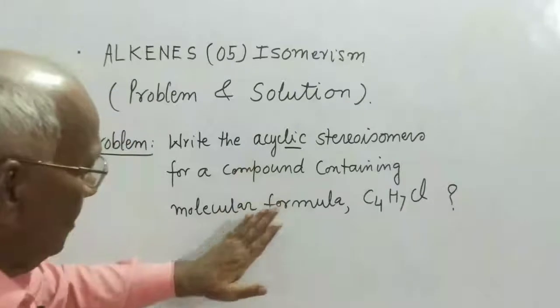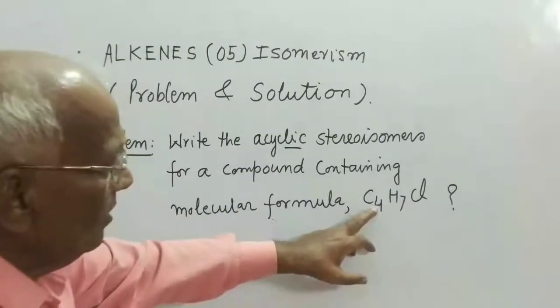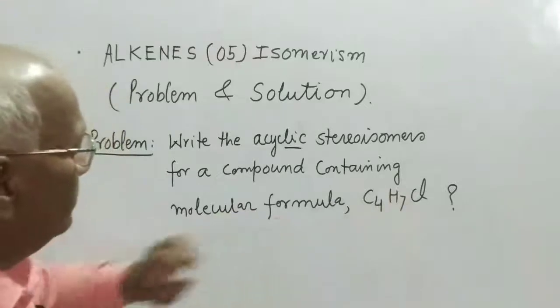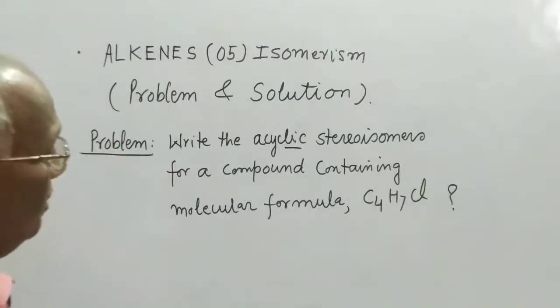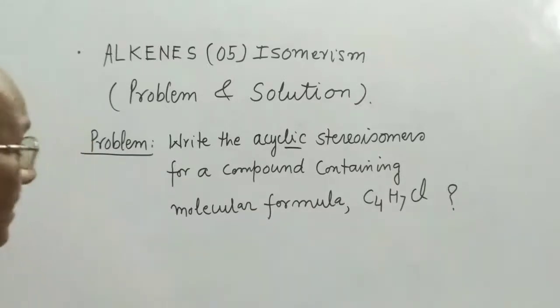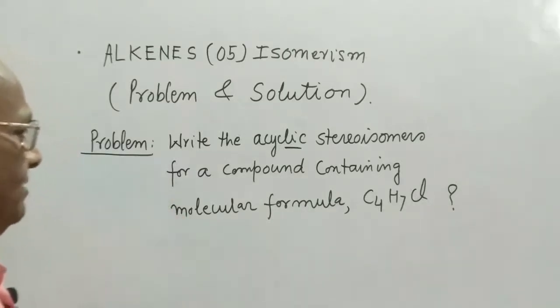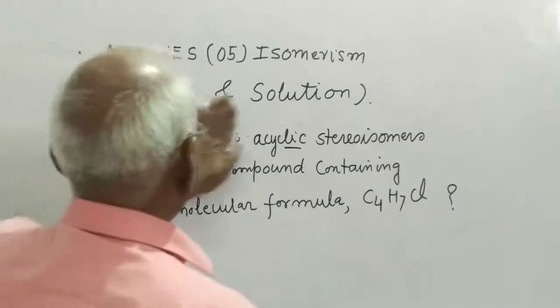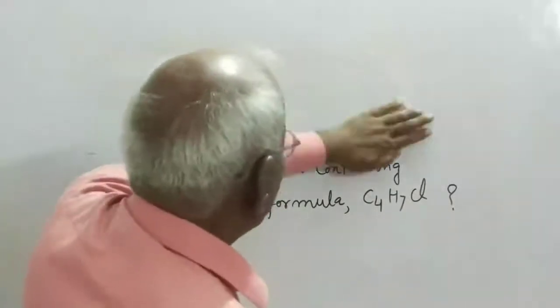So the given compound has molecular formula C4H7Cl and we have to write stereoisomers, but acyclic stereoisomers. Acyclic means the stereoisomers which are only in the open chain and not in cyclic form. So I am going to provide a proper solution for the question.